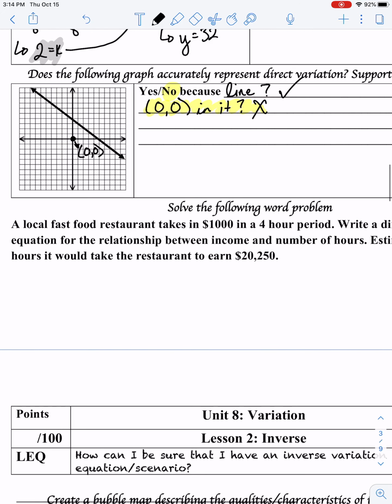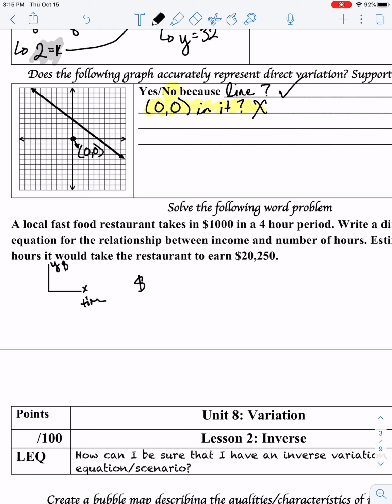I'm going to say money is dependent upon time. So if I'm thinking about this as a graph, my y-axis, my x-axis, where x is time, y is money.